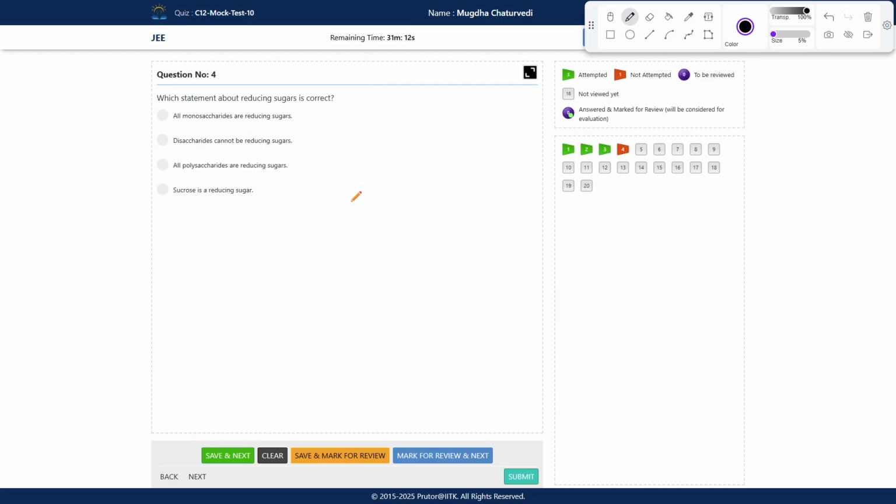Now, the next question is asking which statement about reducing sugars is correct. If we talk about monosaccharides, both aldose and ketose, then all monosaccharides are reducing sugars.